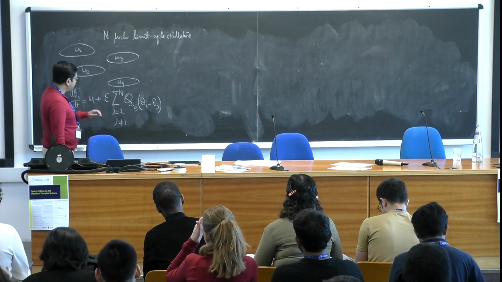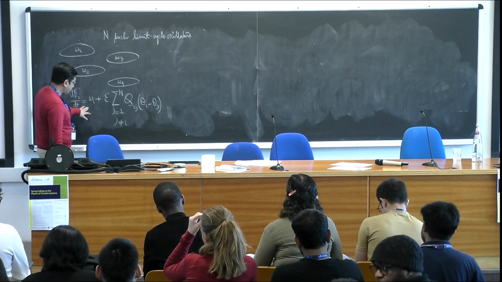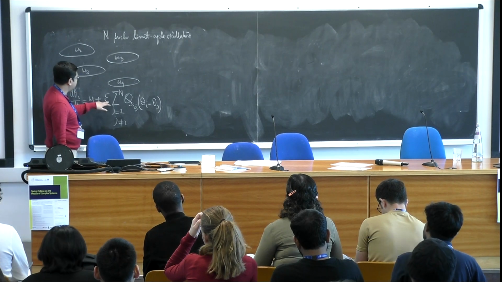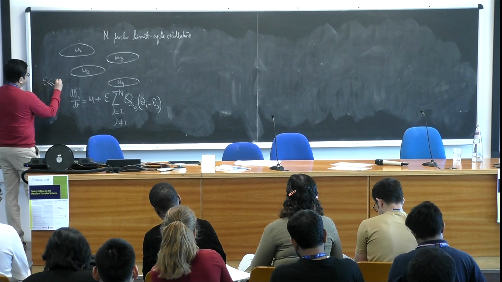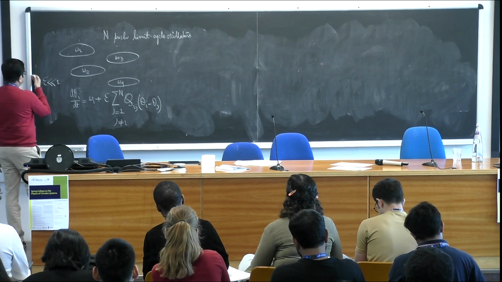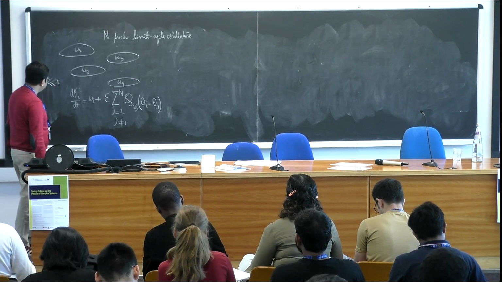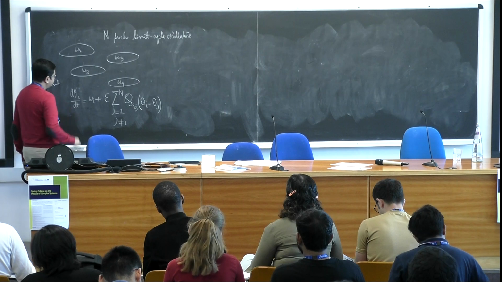Until now everything was general. The only thing that we invoked in getting to this equation is the fact that this epsilon is a small number. It can be positive, negative, whatever. Epsilon is a small number.